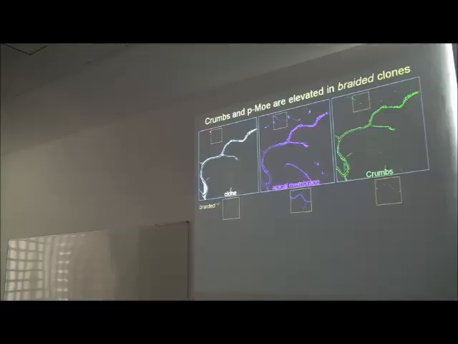Here is a wild-type heterozygous cell, because remember we're looking at this in mosaic animals. You can see the apical membrane and those little foci of Crumbs labeling it, in contrast to within the mutant clone, where you see dilated apical membrane and a much stronger accumulation of Crumbs. The dilation is amazing. The width of the lumen is visible in the mutant, it's invisible in the wild type, right?